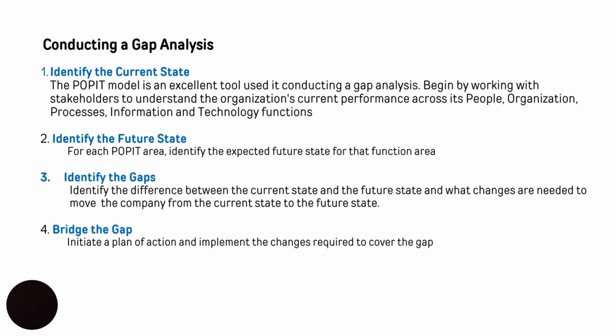And the next thing you have to do now is to bridge the gap. And in bridging the gap, it means initiating a plan of action to implement the changes that you've identified. In other words, if we go over that again, you identify the current state, which is the as-is, you identify the future state, you identify the gaps, so the difference between where we are now and where we want to be. And then the plan of action to move from the as-is state to the future state.